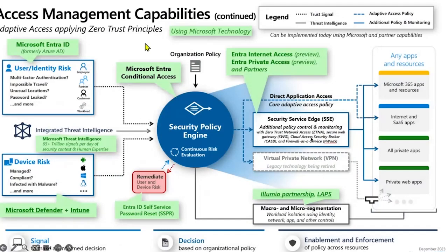For security related to secure access, we can implement Entra Internet Access, Entra Private Access, and Security Service Edge. We can plan for LAPS, Local Administrator Password Solution. These are different things that we can plan to implement, and definitely this will help you to design and manage access control.